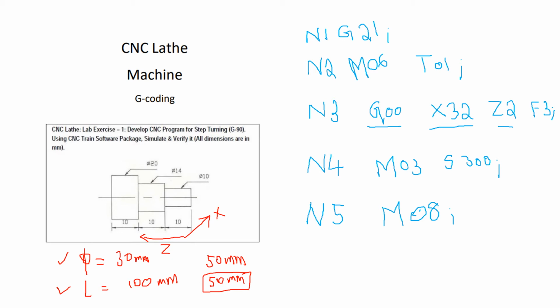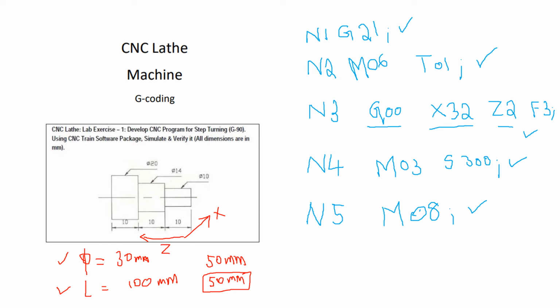So now you can see we initially specified the metric unit, then we specified the tool and called the tool change, then we specified our origin positioning, then we called the spindle, and we have specified the coolant. So this will be your first step. By this, you are now ready to perform your operation.